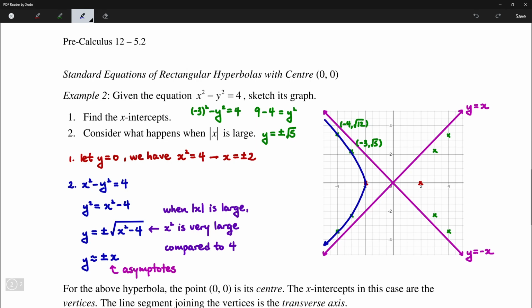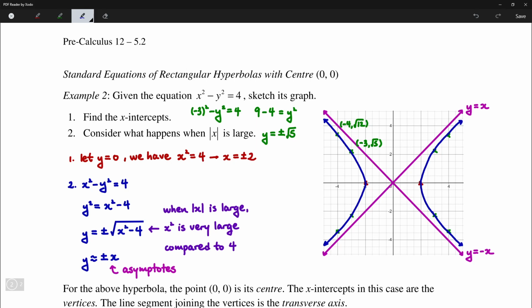So the blue part is the actual hyperbola here. The two lines y equals x and y equals negative x, those are asymptotes. But the actual graph is just the blue curve.